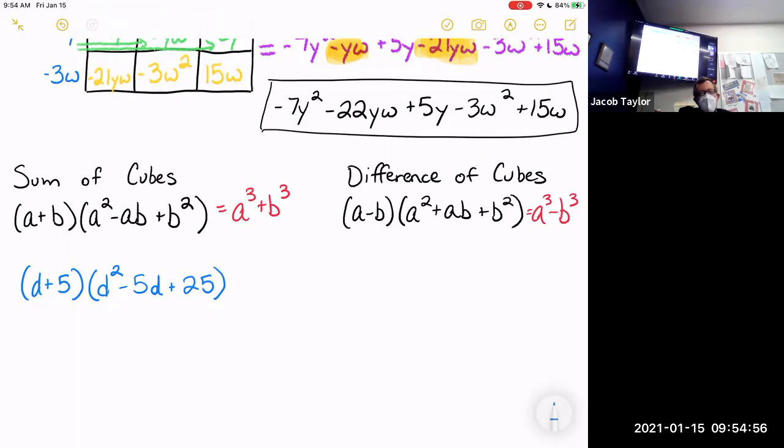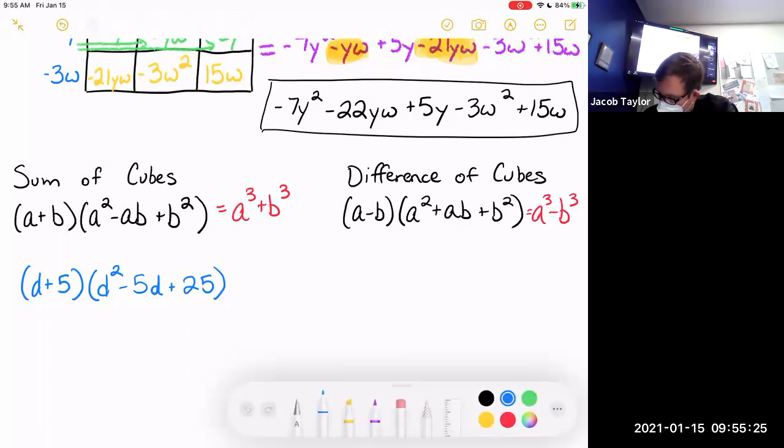So the formula for sum of cubes and difference of cubes gives you a fast way to go straight from this multiplication of polynomials that I wrote out, the d plus 5 and the d squared minus 5d plus 25, to the answer, which has the form a cubed plus b cubed.